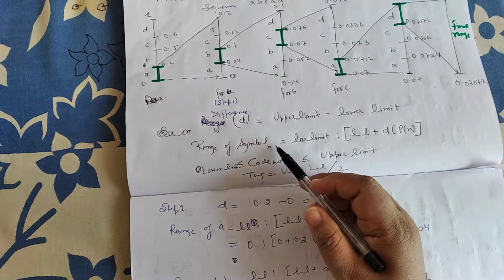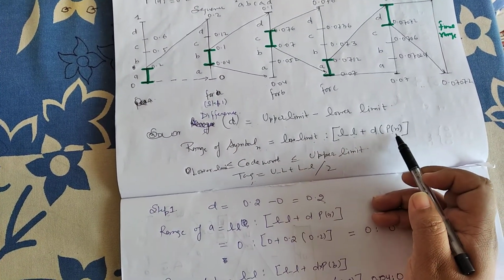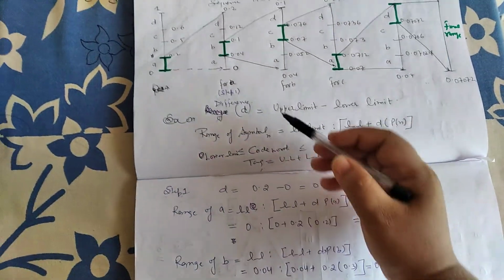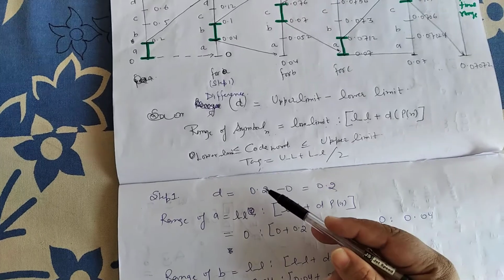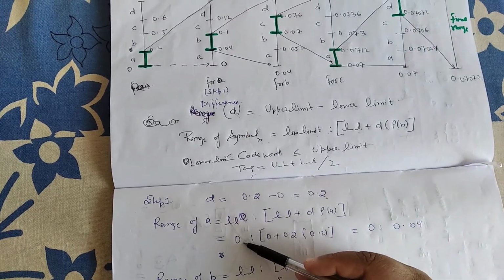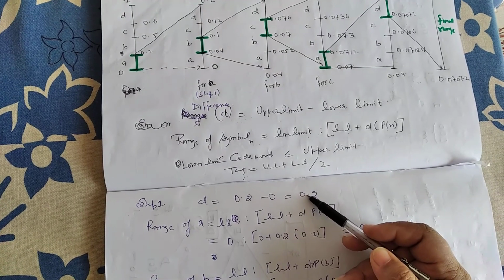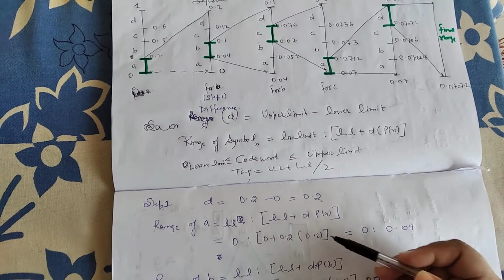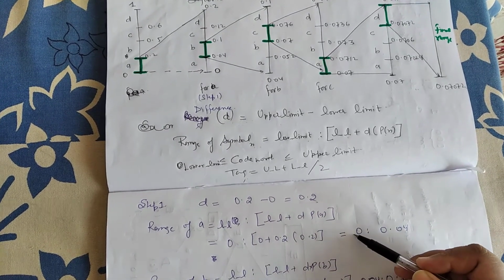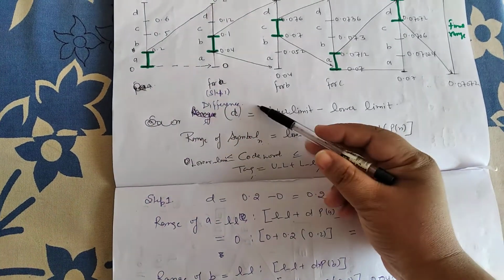The formula for the range is lower limit colon lower limit plus D multiplied by the probability of that character. For the range of A, the lower limit is 0, so 0 colon 0 plus D, which is 0.2, times the probability of A, which is 0.2. Calculating, the range of A is from 0 to 0.04. We have written the value here.